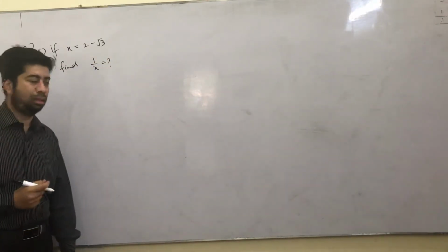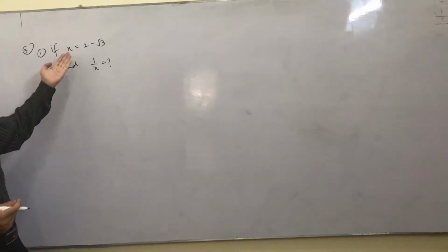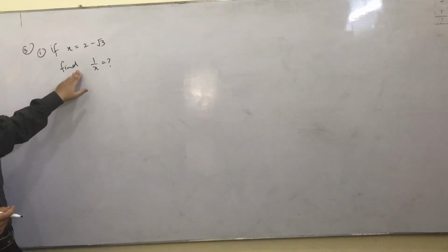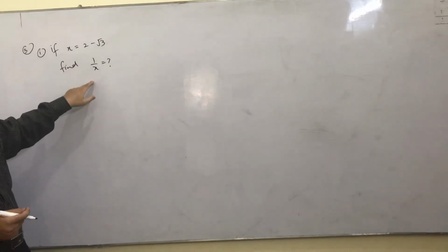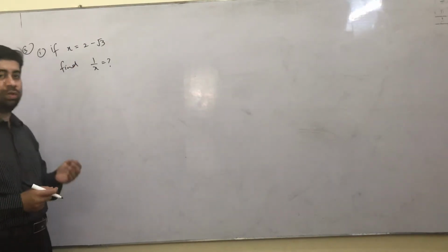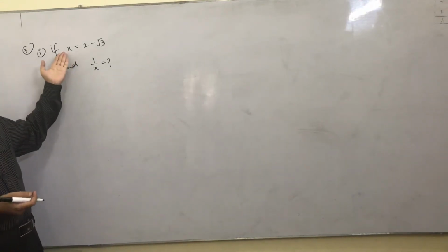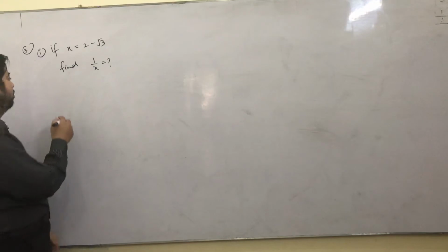A very simple thing. You have given x is equal to 2 minus square root 3. So his demand is to find the value of 1 over x. For that purpose, you must have the value of x. So the value of x is 2 minus square root 3.